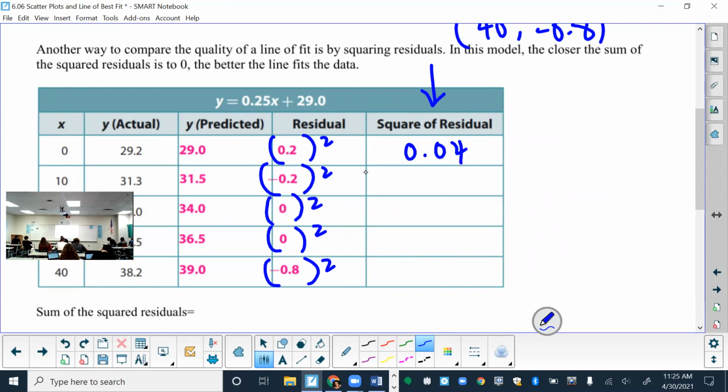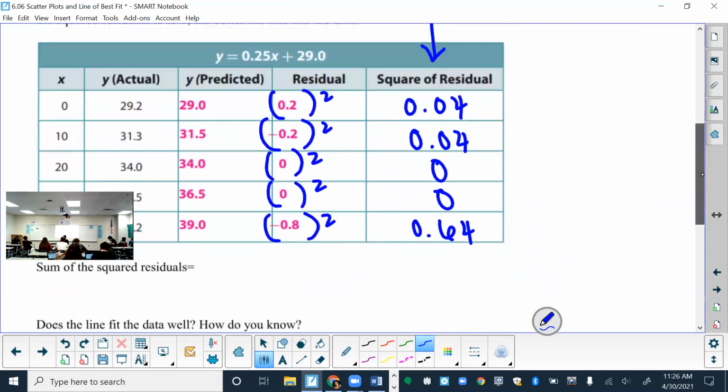Negative 0.2 squared? Whenever you square something, it should be positive. So if you're getting a negative, make sure that you put it in parentheses first into the calculator. All right, 0 squared is 0, and then we have it again. And then negative 0.8 squared is 0.64.